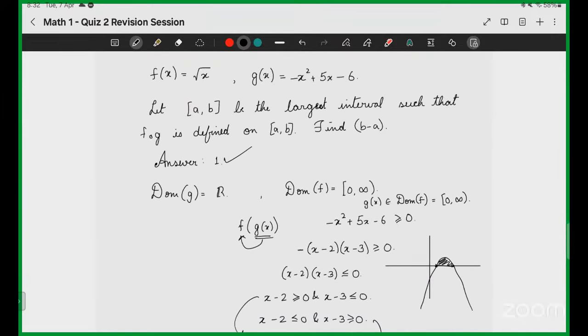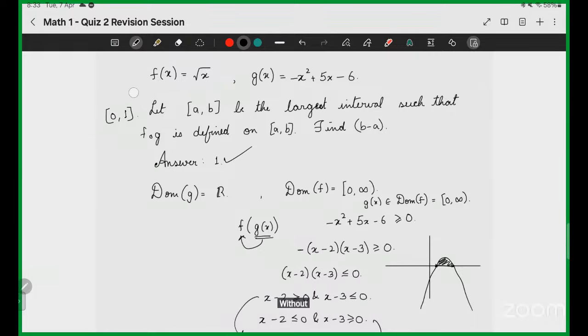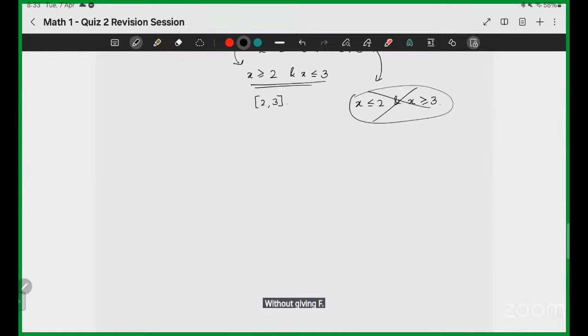And you don't even need to know the function. If I just say the domain of f is something like 0 to 1, even then you should be able to find it, without giving f. So take this as an exercise maybe.